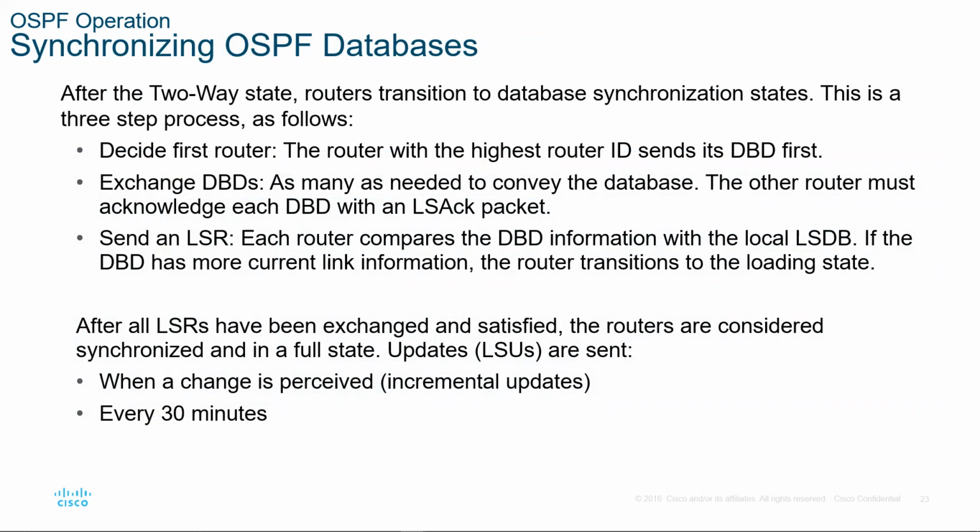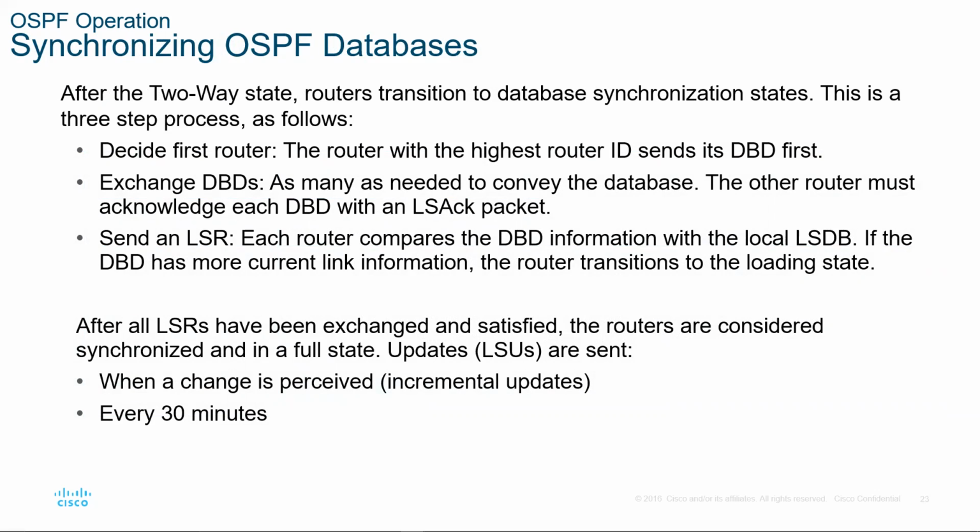So as all the devices synchronize, they will decide who has the highest router ID. Now this determines who's going to send their database descriptor. So they become the first one, they exchange it, and the receipt of that is acknowledged.